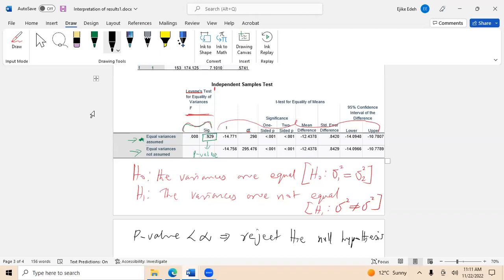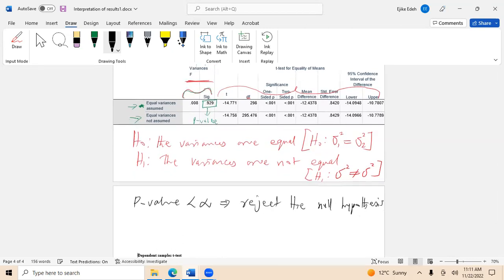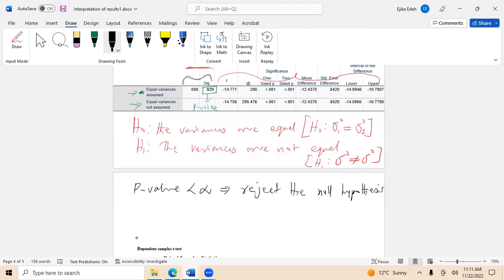But if the p-value is greater than alpha, we fail to reject the null hypothesis.